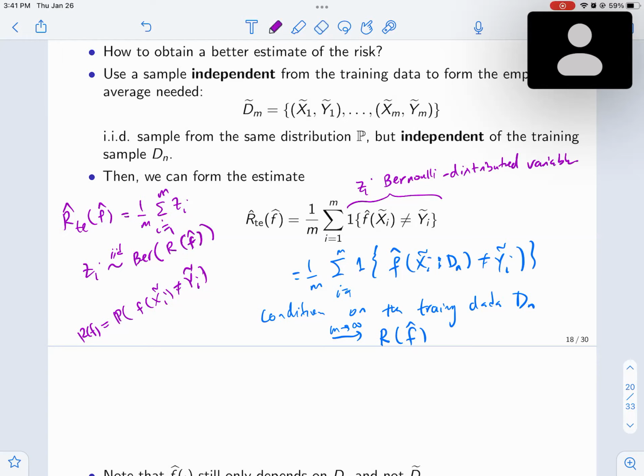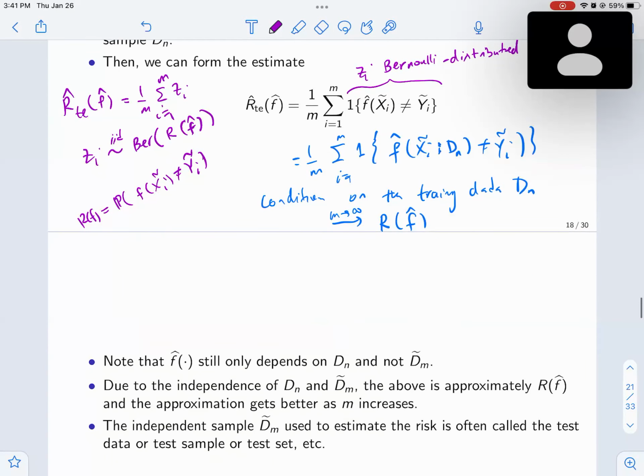This is just a number, right? For example, 0.2, 0.22. If you flip a coin, each one is either 1 or 0, and it's 1 with this probability, right? And you're taking the average, you know that the average converges to this probability by the law of large numbers, right?